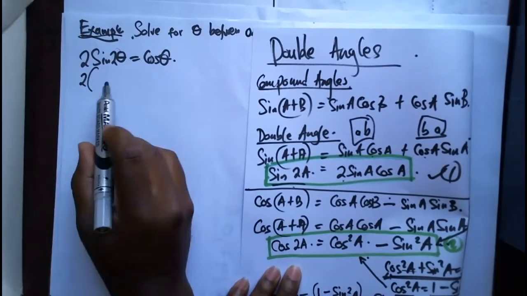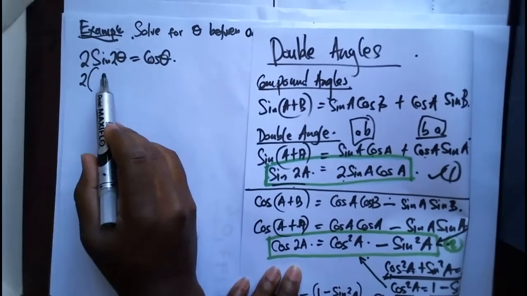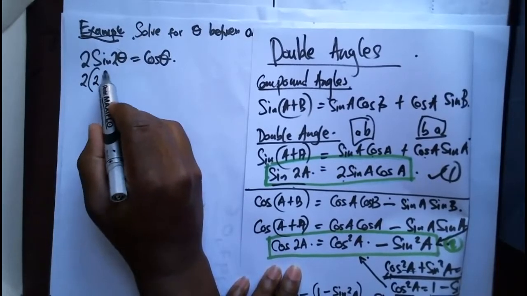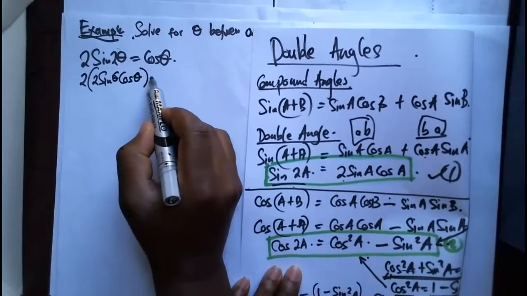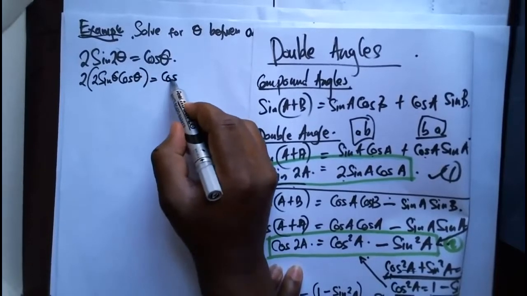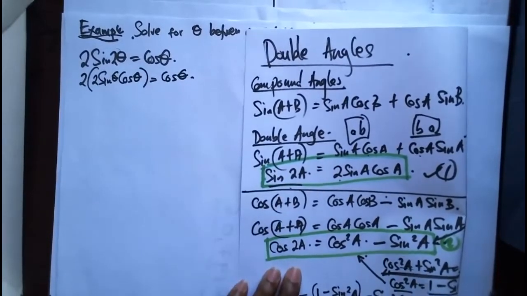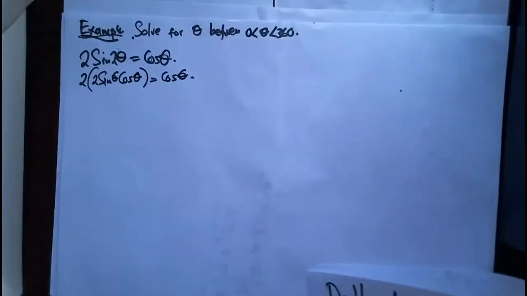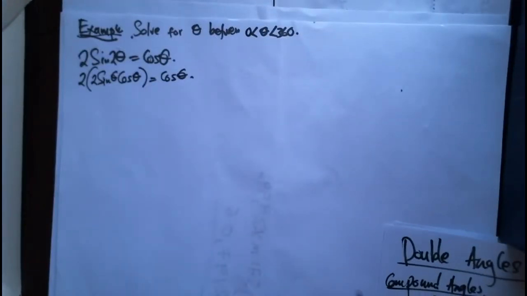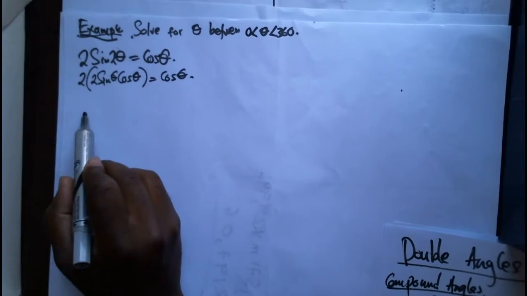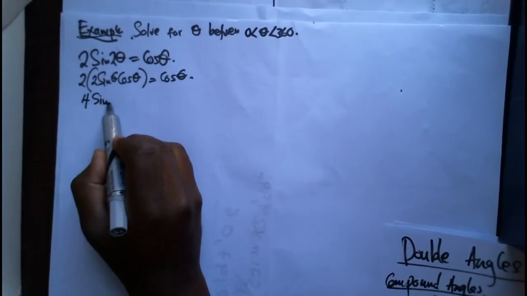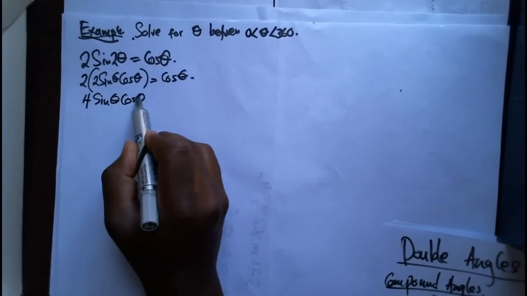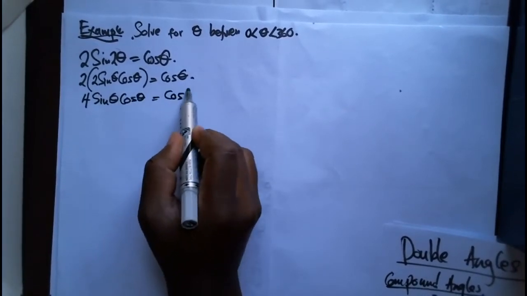So now you substitute: 2 times sine theta cos theta is equal to cos theta, right? Now we must expand. This becomes 4 sine theta cos theta is equal to cos theta.